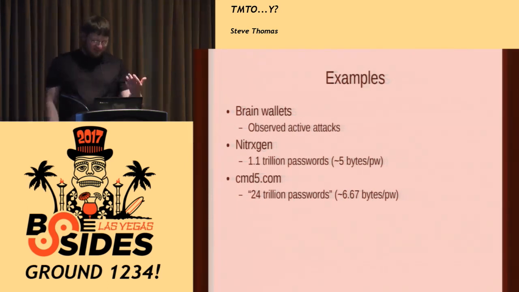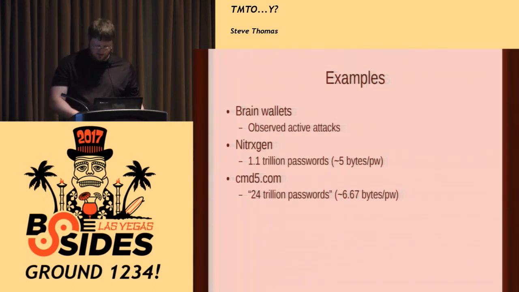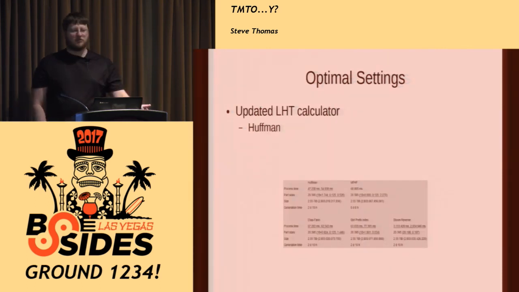But the largest one is 24 trillion, and they say they have 160 terabytes of disk. So that's 6.67 bytes per password, which is less efficient. So, optimal settings for this.